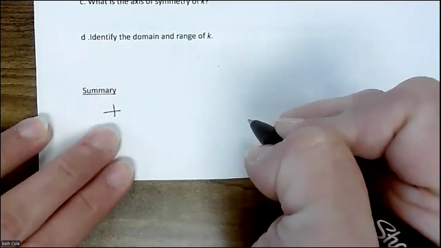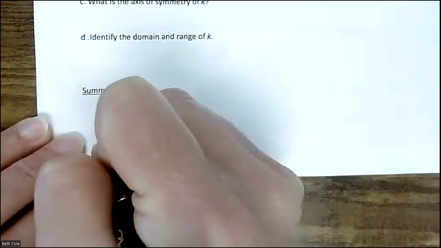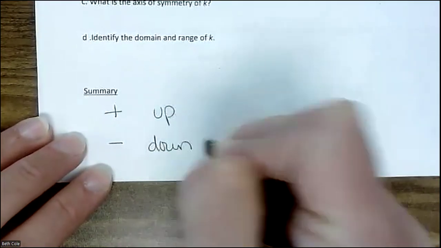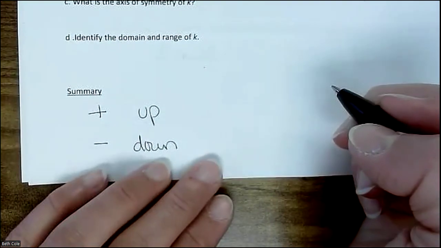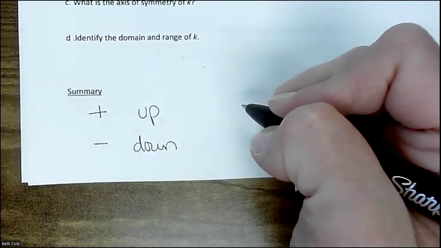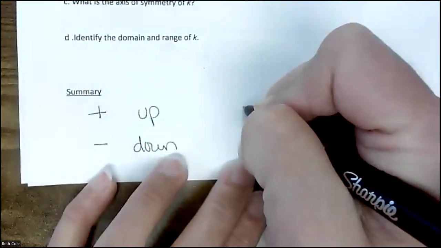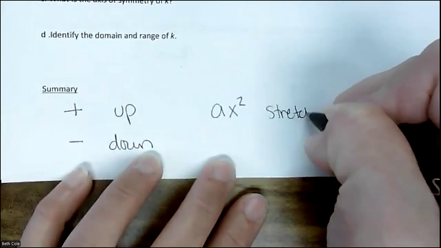Summary. Plus means what? If you add to the graph, it's going to move up. Good. Minus means down. That is not that hard. Okay, work with me. Pick a letter of the alphabet that's not A. Let's do A. Say you have ax squared, that's going to be a stretch.